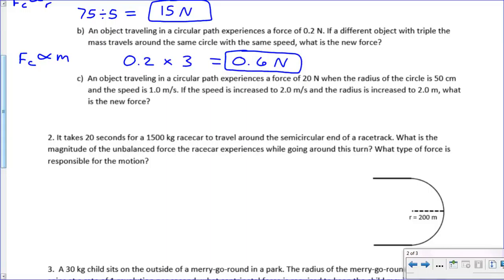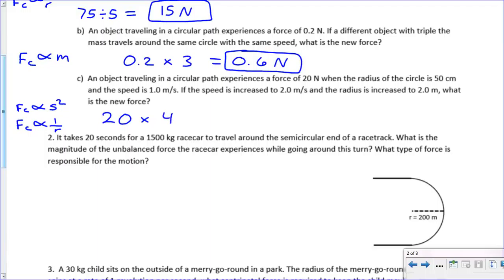So you have to think here then, we're bringing in Fc proportional to speed squared, as well as Fc is proportional to 1 over the radius. In this case, we start with our 20 newtons. Because we doubled the speed, we square that, and we have 4 times the force because we've doubled the speed.